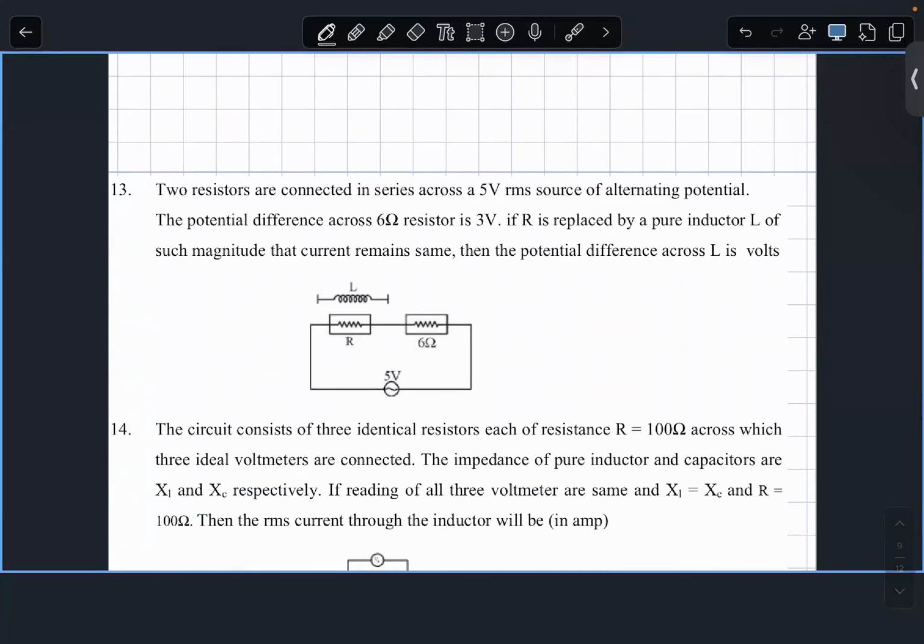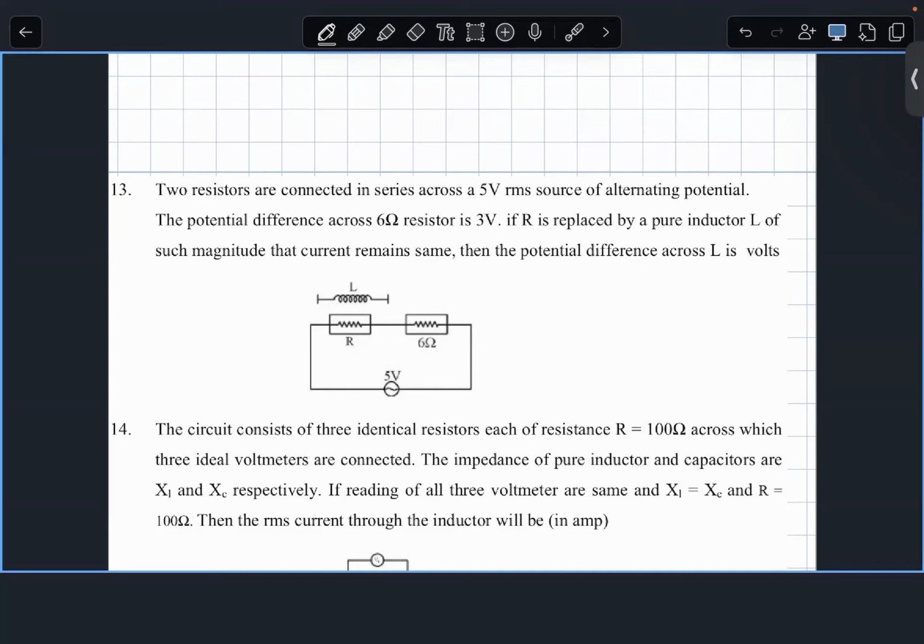Two resistors are connected in series across a 5 volts RMS alternating source. The potential difference across the 6 ohm is 3 volts.